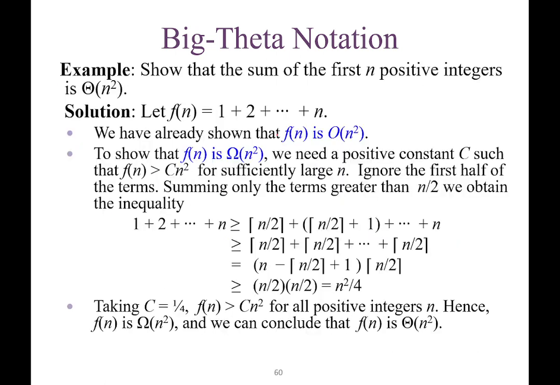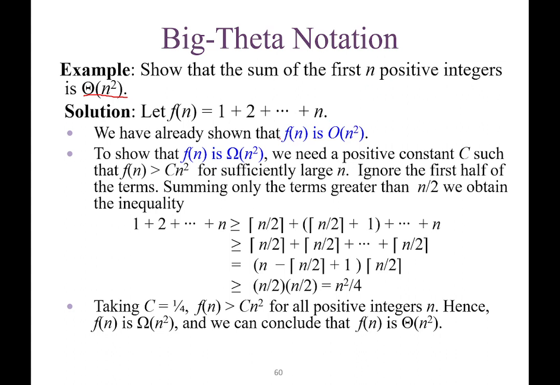Okay, so let's show that the sum of the first n positive integers is big theta of n squared. Remember, when we prove big theta, we need to prove the first function is big O of the other, and it's also big omega of the other.